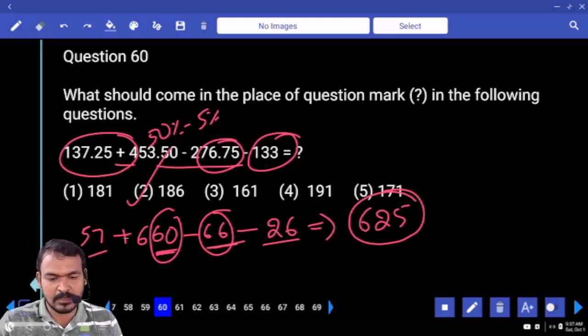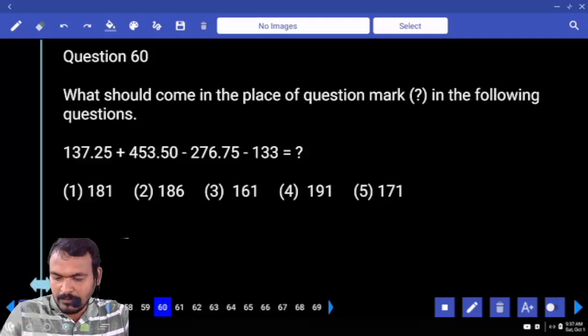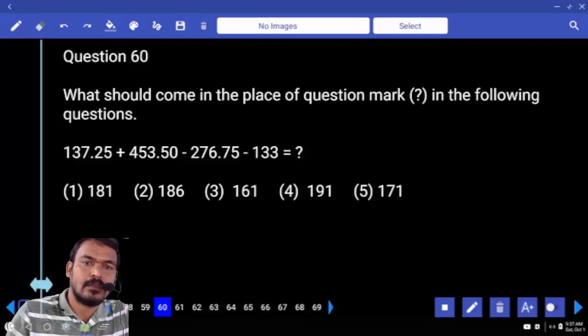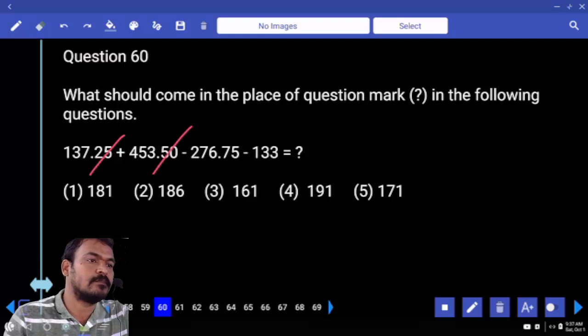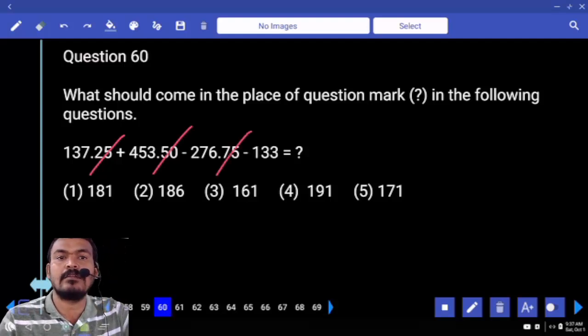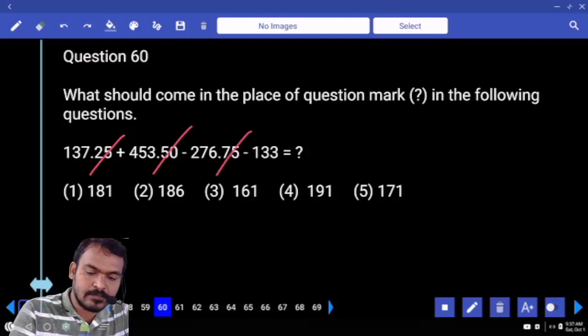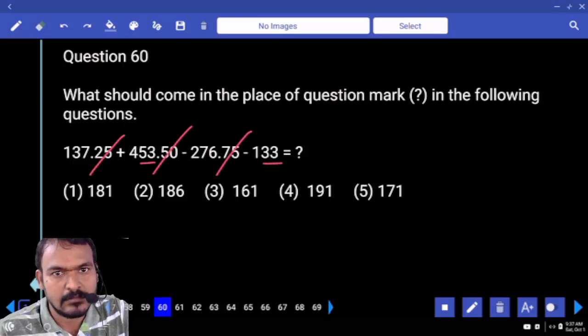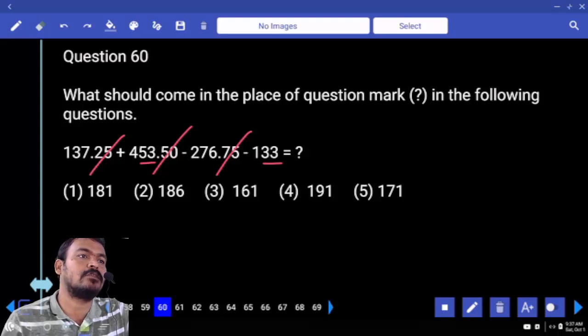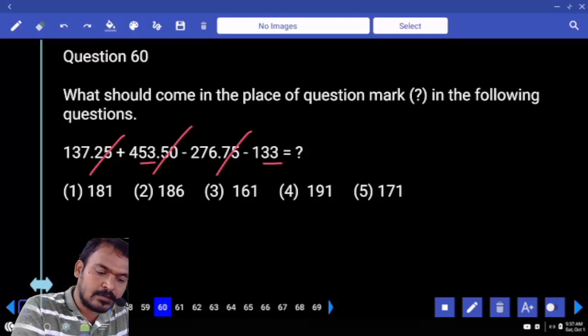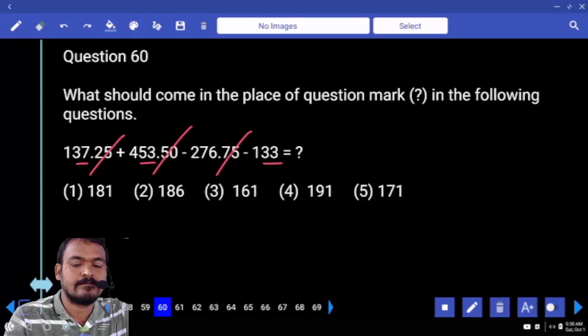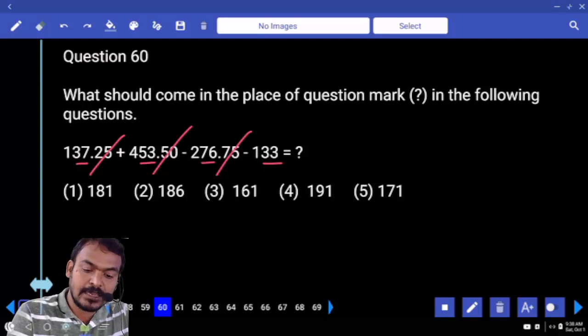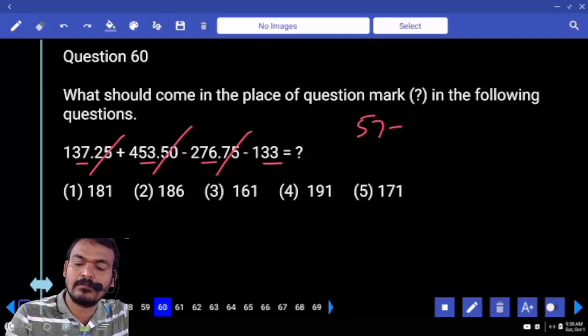Next, question number 60. First verify the last two digits or not? 25 plus 50, 75. 75 cancel or not? Next, after that 53 minus 33. 20 plus 20 or minus 20? Plus 20. Plus 20 plus 37, 57. 57 minus 76 or not?